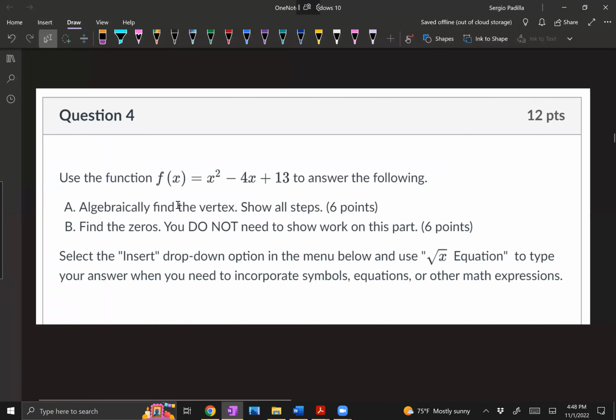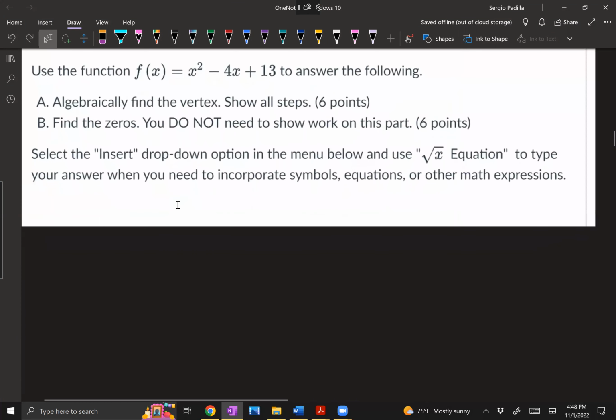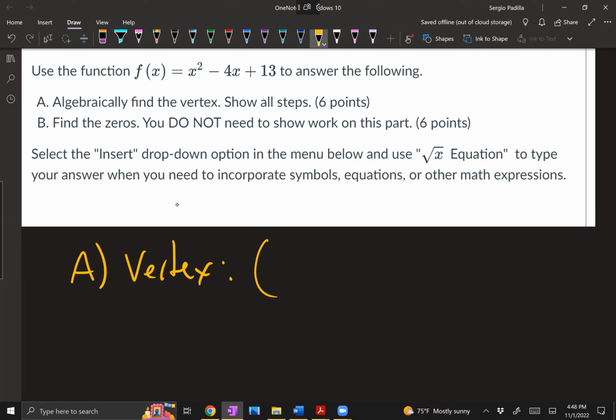Question number 4, though, is one of those where you have to actually answer. Here's where we're going to use the ideas we learned before about finding the vertex and also finding the zeros. So let's start with A. This is one you have to type in. I'm going to write down that the vertex can be found algebraically this way, by the coordinate negative b over 2a and f of negative b over 2a.